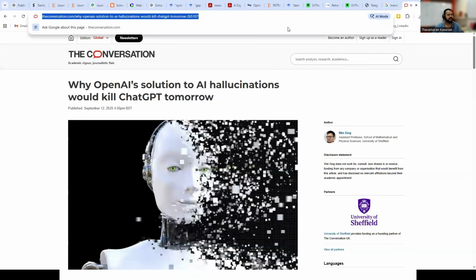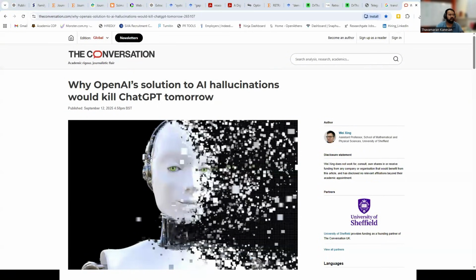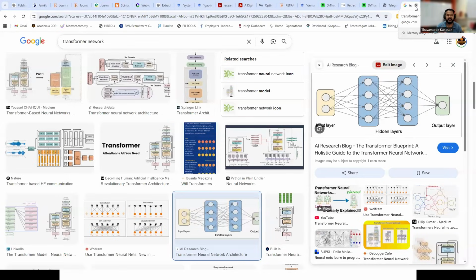Read this article. This article will tell you why OpenAI, the master of everyone lah, why OpenAI's solution to AI hallucination would kill ChatGPT tomorrow. Same goes for all the AI. You go and read this, you'll understand why they cannot stop it from lying. They can. But if they stop, we all will stop using it because most of the time it will say don't know, not sure, don't have the data and so on.